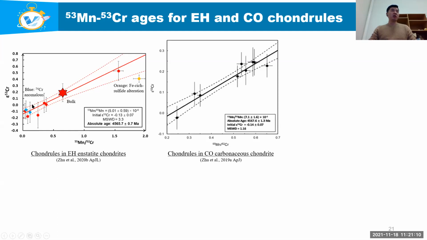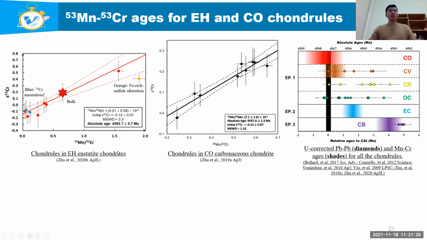I also did not include the two yellow circles. And all the red normal EH chondrules and the bulk EH chondrite show this age. It is 1.7 million years after CAIs. And for CO chondrules, they are very old, they have similar age to CAIs.